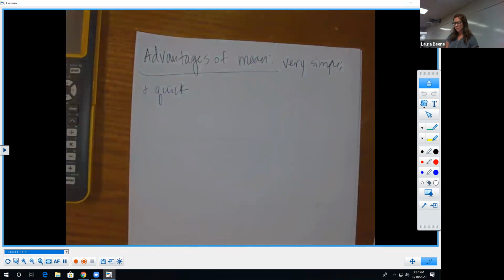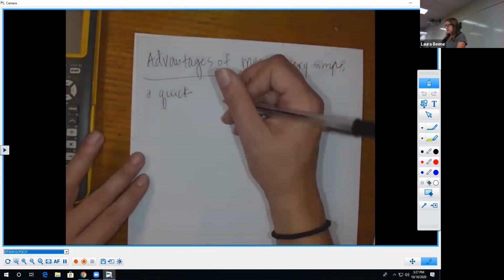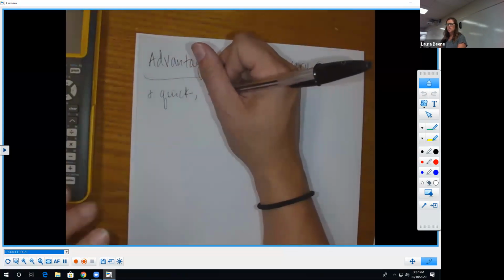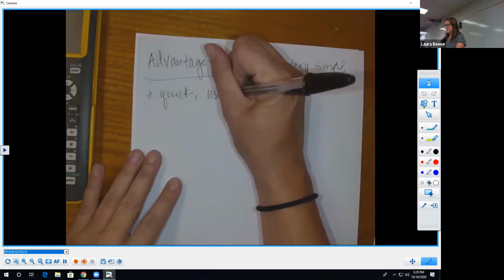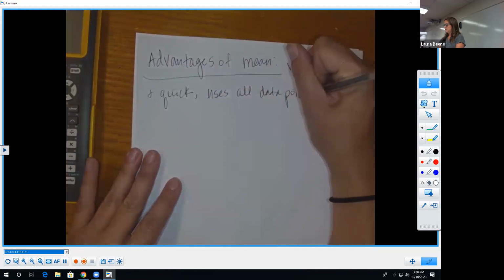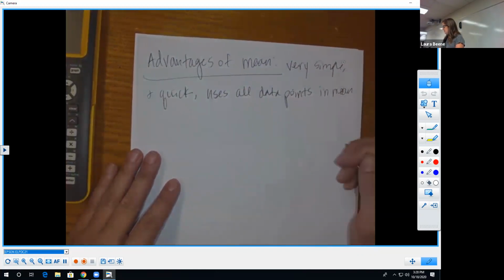And the other benefit is that it uses all the data points in the average.